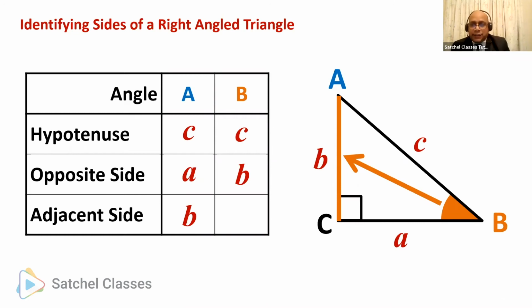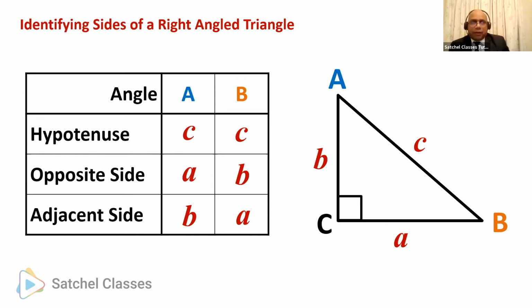In this case, that side is BC, which is represented by the letter a. So we need to first understand the terminologies referred to for each angle. For hypotenuse, it's the same because the hypotenuse of a right triangle is the same irrespective of what angle we are referring to. But the opposite side and the adjacent side will differ depending on which angle is the point of reference, right?